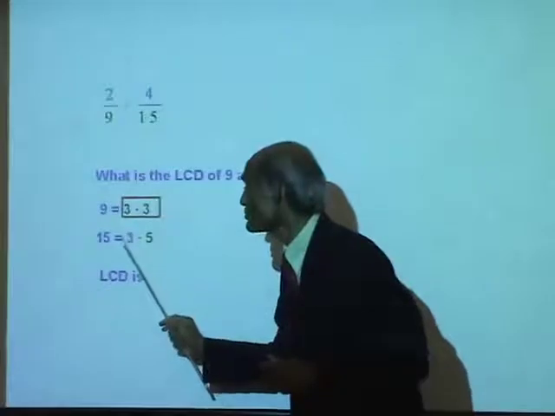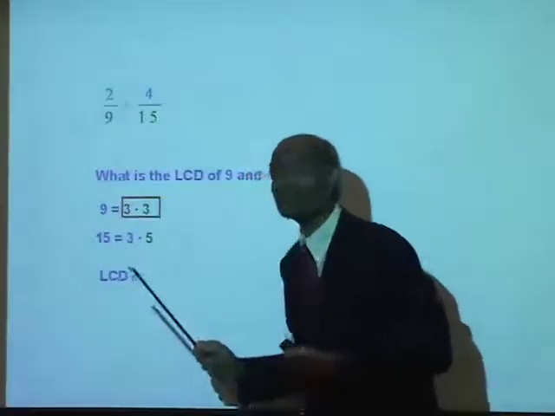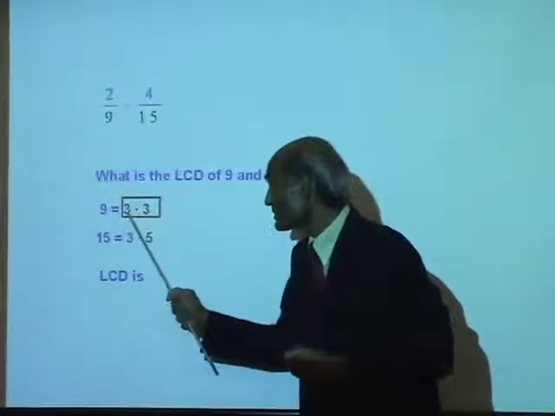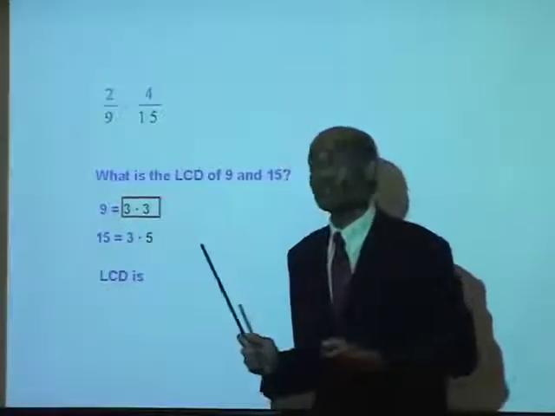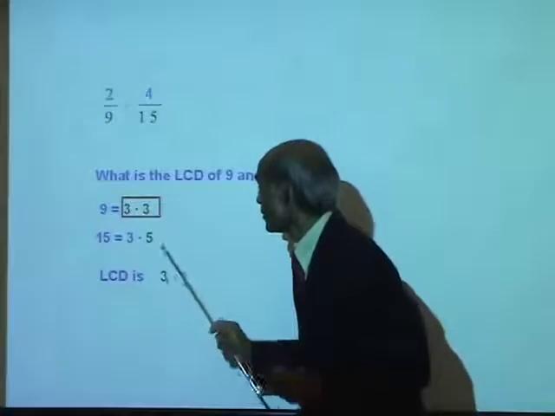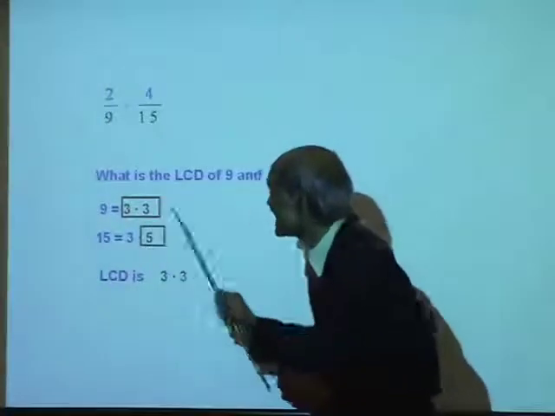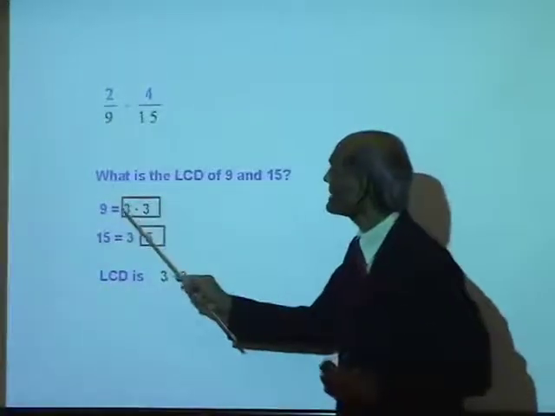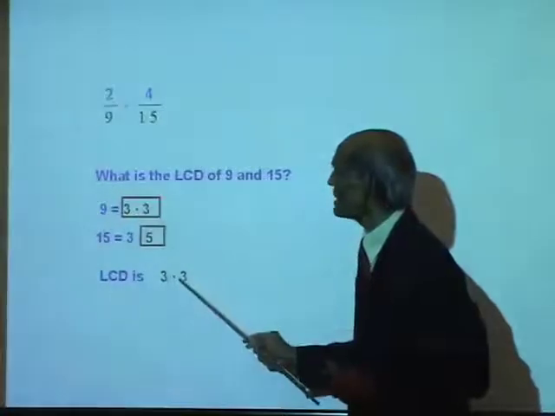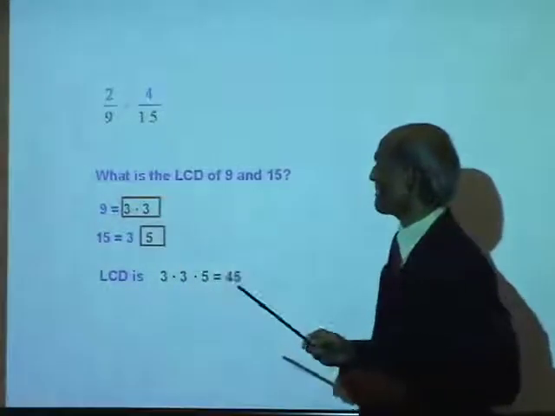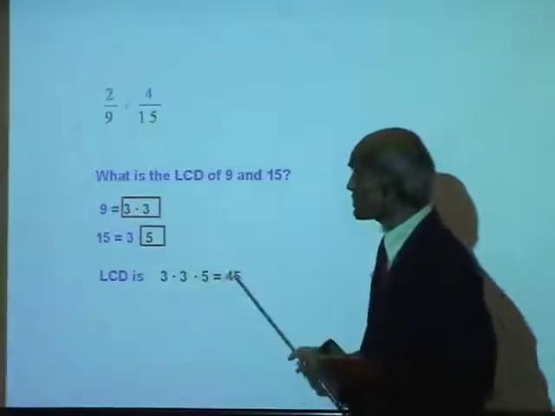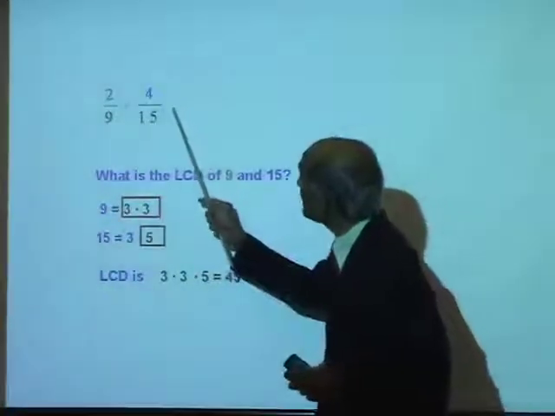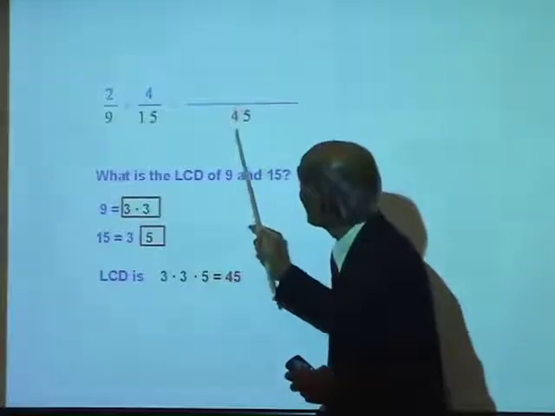So you come to this 3. Do we need that 3? Well, no, we don't. We have picked a 3 already. But do we need that 5? Yes. So we need to take that 5. So our LCD now is 3 times 3 multiplied by 5. That is 45.